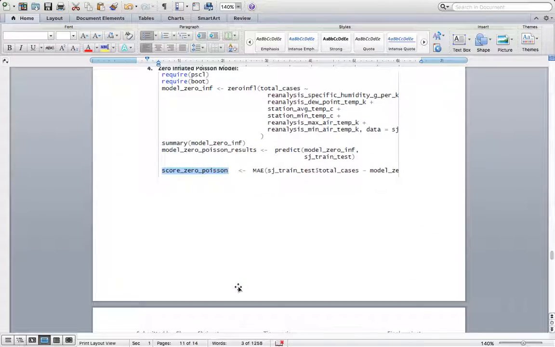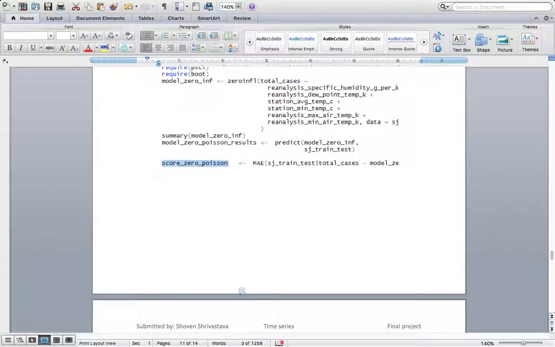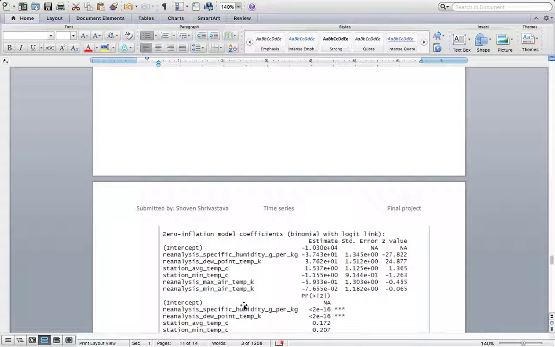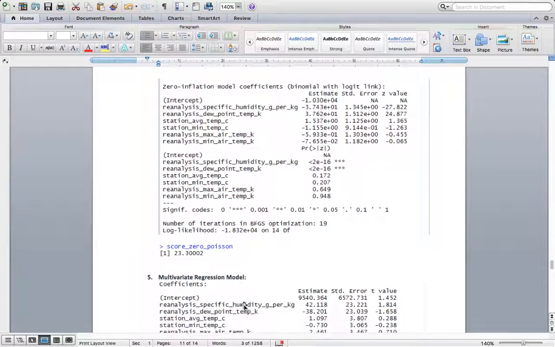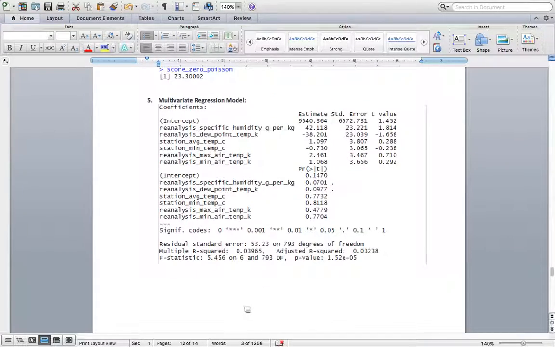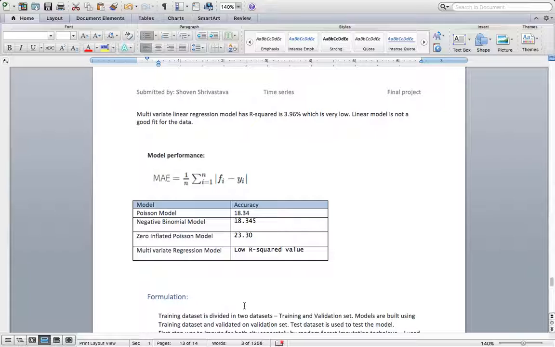Then I segregated the data set into San Juan and the other city, as separate data sets, built the models, and then merged them back and ran against the test data set. I calculated the error rate.